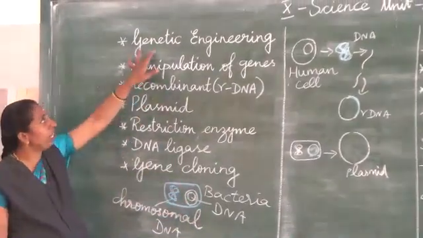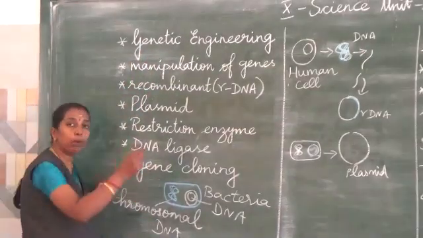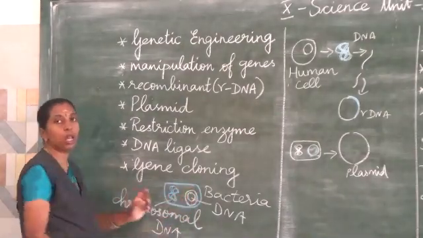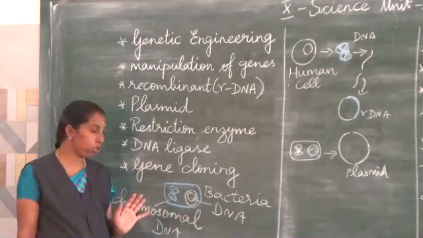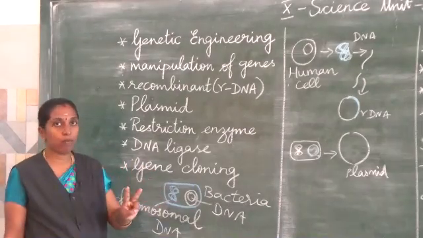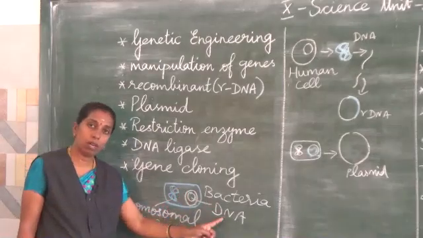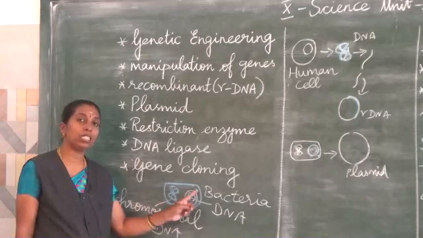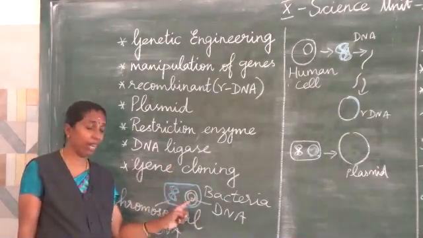So in genetic engineering, in gene cloning, whichever gene we want to be multiplied will be inserted in this bacterial DNA, and it will be multiplied and produced. This plasmid has the ability to multiply. It will act as a vehicle.